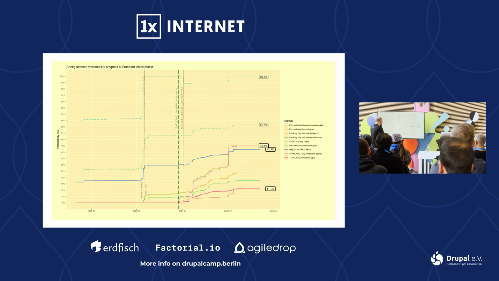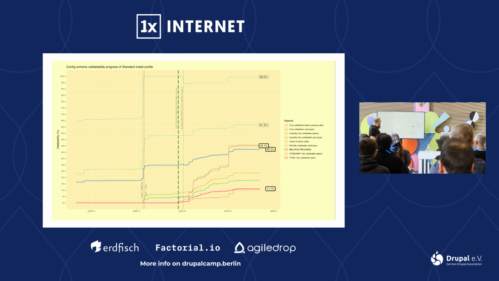As you can see, we started in January of 2023, and the last data point here is January of 2025, which is not there yet, obviously. But you can see that when we added the fully validatable constraint, we got a big bump in a couple of things, and when we added some other thing, we had a bit of a drop in the partially validatable used types part of this graph.